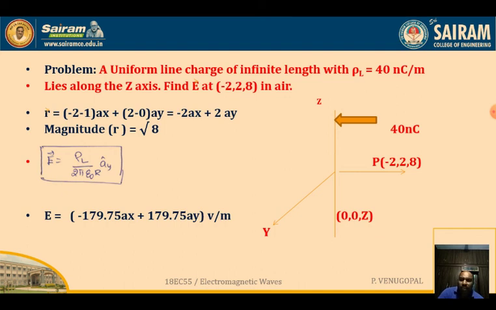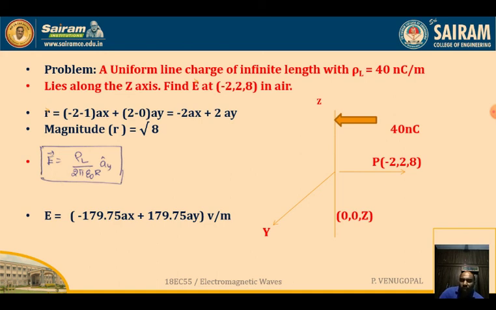Now we write the expression of the electric field due to an infinite line charge distribution: vector E is equal to rho L divided by 2 pi epsilon R into the unit vector. Substituting rho L as 40 nanocoulombs, and epsilon naught as 8.854 times 10 power minus 12, or 1 by 36 pi times 10 power minus 9, either one you can choose.